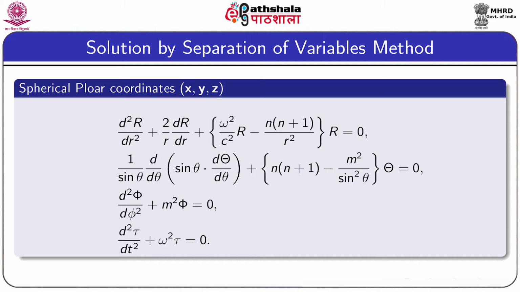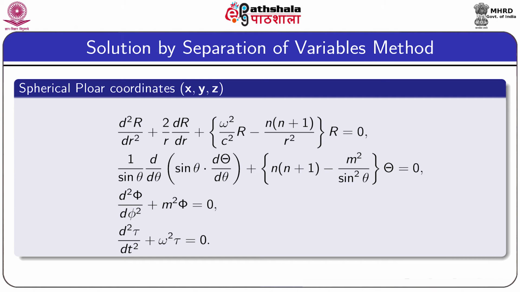So, its general solution is written as some constant C7 cos omega t plus C8 sin omega t, and if you look at the phi equation, its solution is also a linear combination of sine function and cosine function. So, capital phi is equal to C5 cos m phi plus C6 sin m phi.